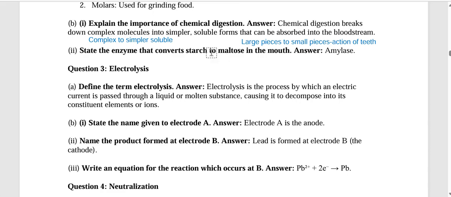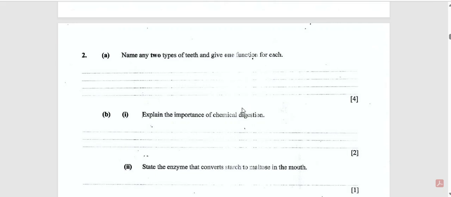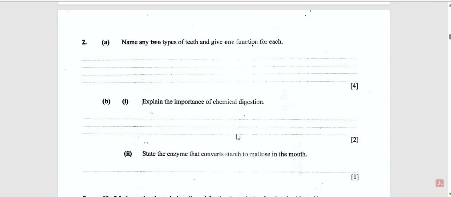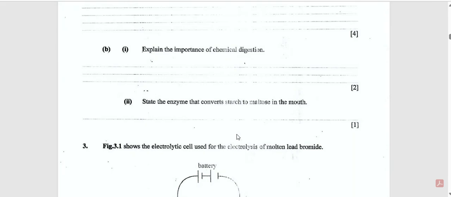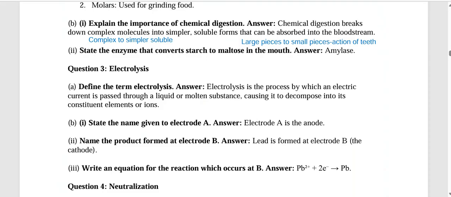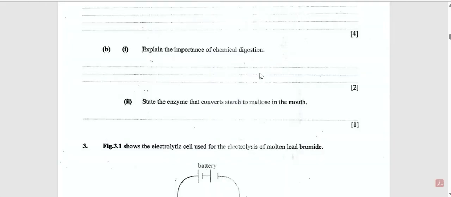But the importance of chemical digestion is to break down complex molecules to simpler and soluble molecules that can be absorbed into the bloodstream. That is the main point. And then state the enzyme that converts starch to maltose in the mouth. This is just a fact. The enzyme is called amylase. Okay, let's move on to the next question.